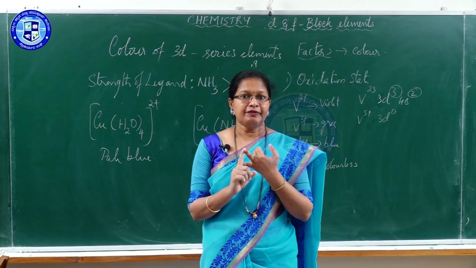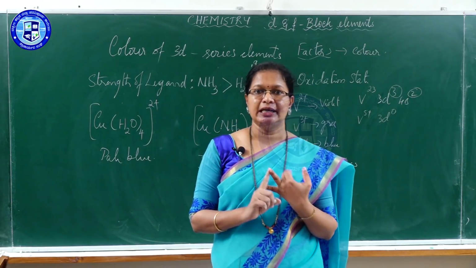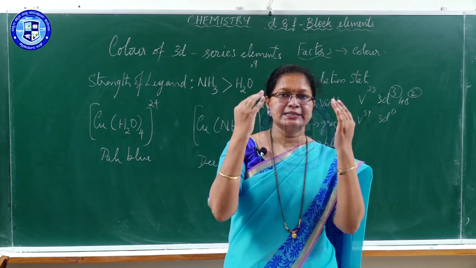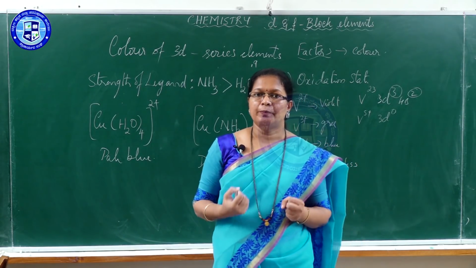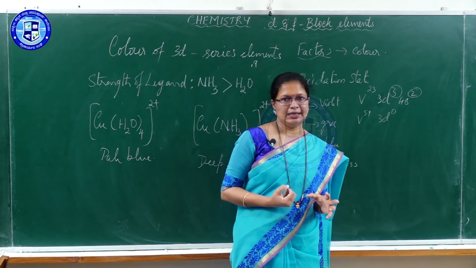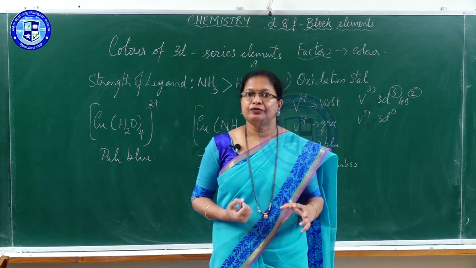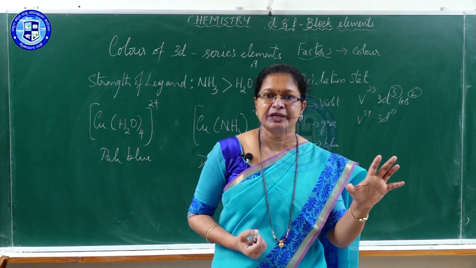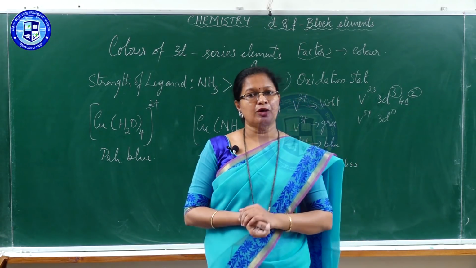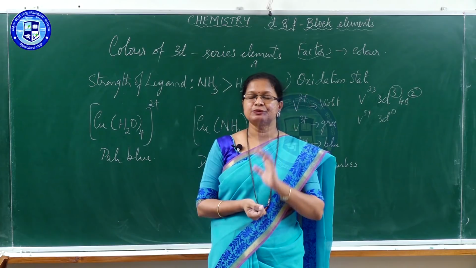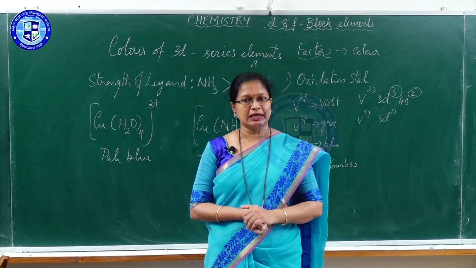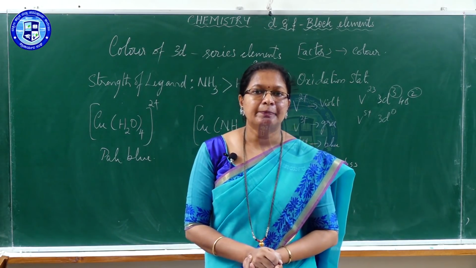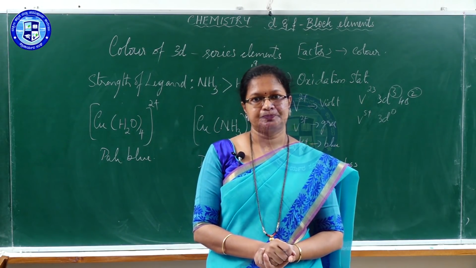Hence, if an unpaired electron is present in such a metal ion along with the ligand, the unpaired electron gets excited by absorbing a certain radiation from the white light, isn't it? Which causes that metal salt solution to transmit the remaining 6 colors in the form of complementary color, and that is what we are seeing as that solution's color, isn't it? For all these, the reason is the unpaired electrons' d-d transition.